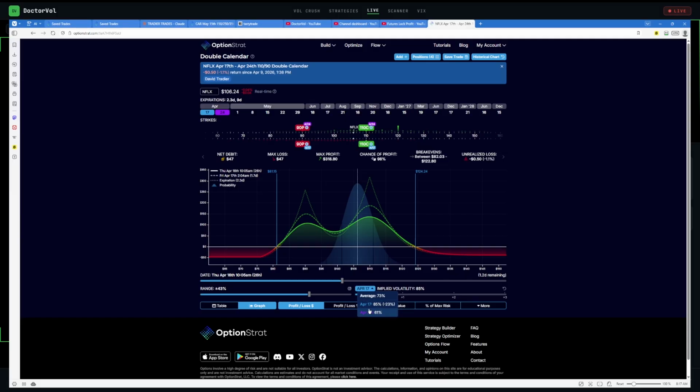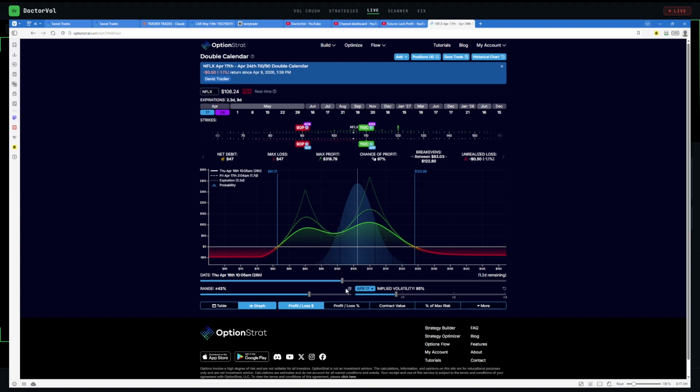So we're just adjusting the April 17th expiration. Right now we're at 109%. Let's say we come down to, I don't know, 95. So let's just contract this down to 95. This gives you a good idea as to how the curve will look.